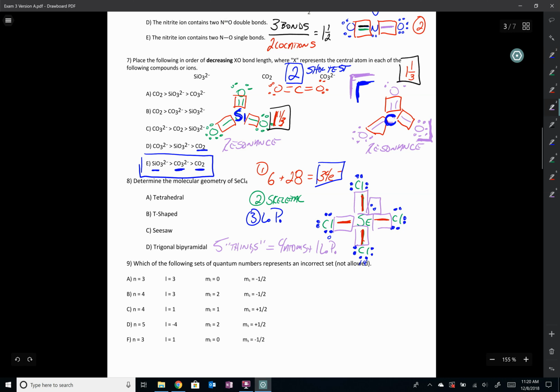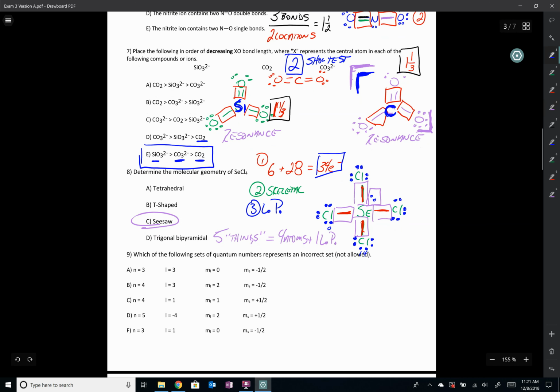That's going to get us our seesaw molecular geometry. 5 total things for an electron pair geometry of trigonal bipyramidal, with molecular geometry of seesaw. Got to draw your Lewis structure and have to know your geometries, okay?